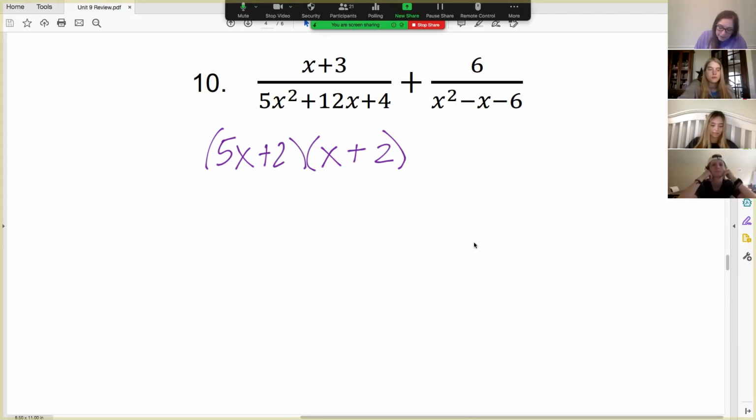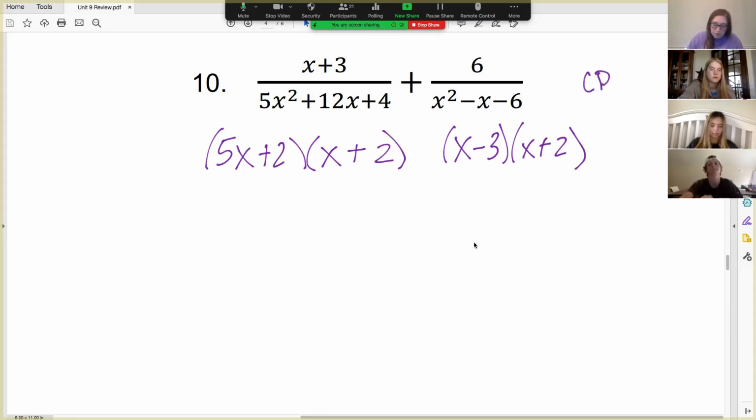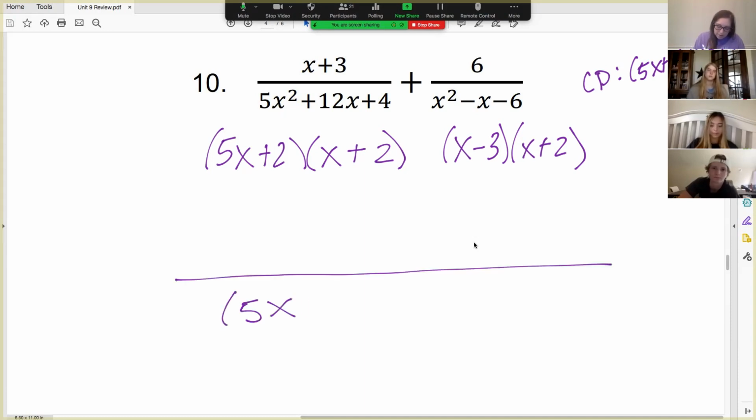And then factoring the bottom right would be x minus 3, x plus 2. So my common denominator would be 5x plus 2, x plus 2, x minus 3. So I'm going to go ahead and write that really big as one big fraction.